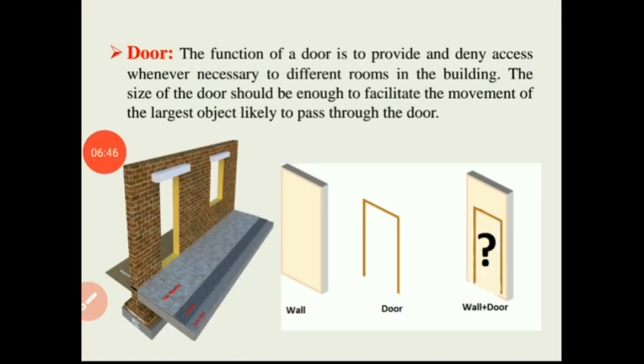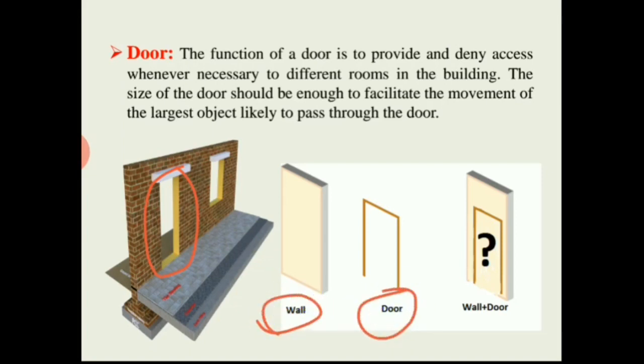Next is a door. This is the figure of a door. This is the wall and this figure is the door, so the combined figure of door plus wall. First of all, what is a door?